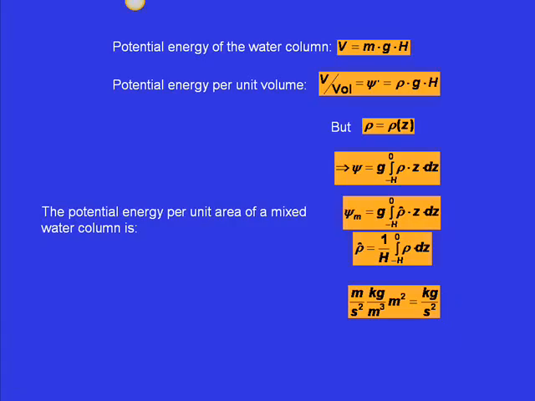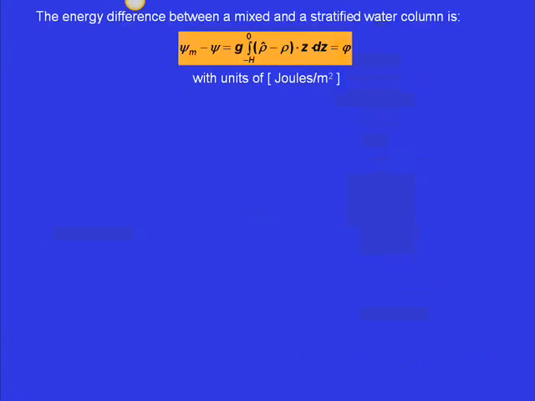Joules, or kilograms times meters squared over second squared. So that's energy per unit area. Kilograms times meter squared over meter squared times second squared. So that's how we end up with kilograms per second squared. All right, so keep in mind that those are the units.